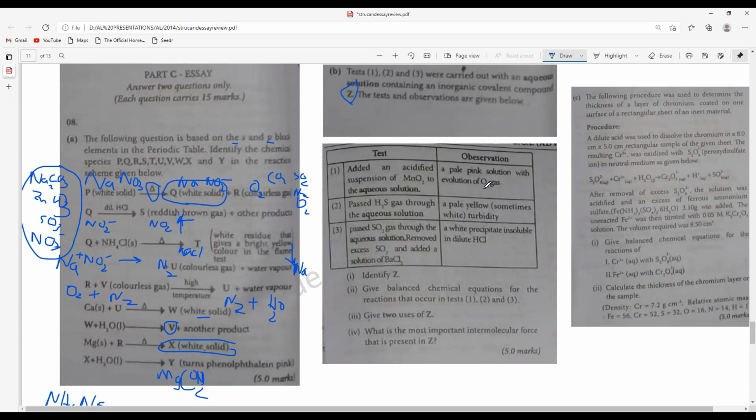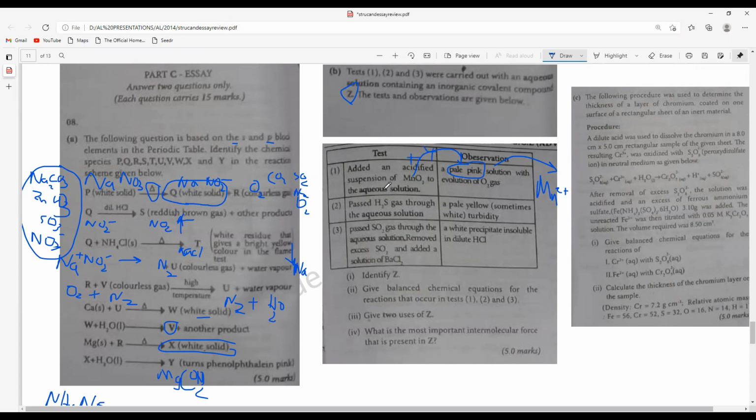So when I read this first statement, automatically it gives me the answer. That is how you should also be at the knowledge of this. Because this pale pink color, you can imagine the pale pink color is coming from Mn2+, right? So the MnO2 should be reduced to Mn2+, because Mn2+ is pale pink. So there is a reduction that is happening from +4 to +2.